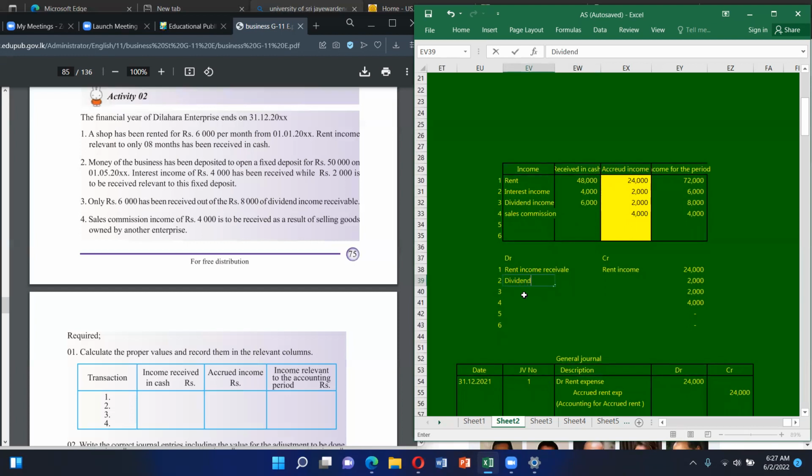Dividend income receivable. Dividend income. Sales commission, sorry, interest income.